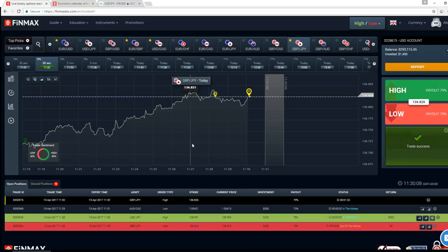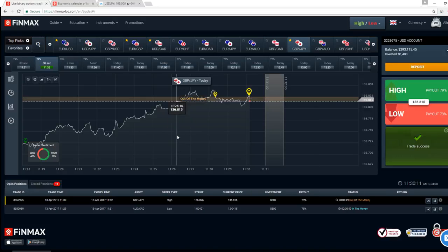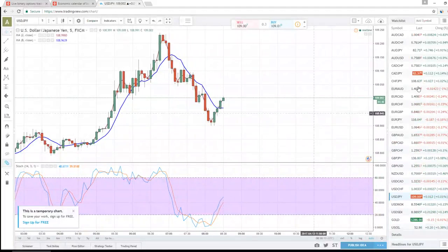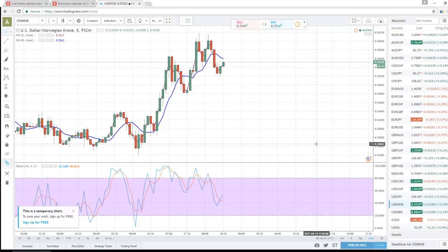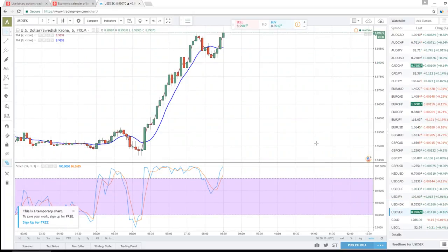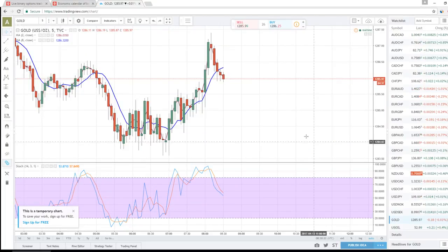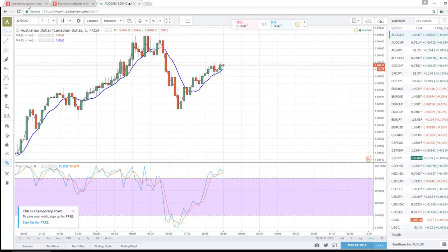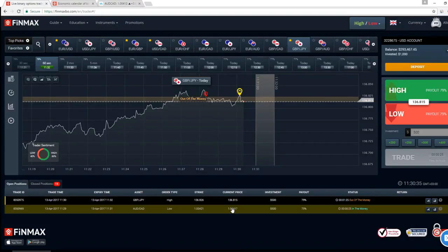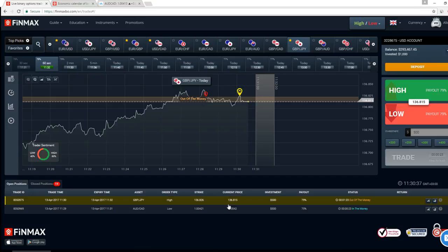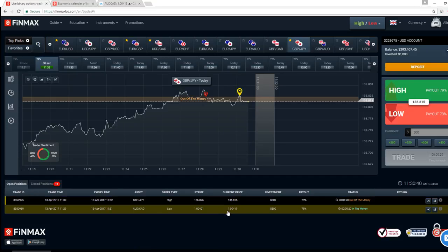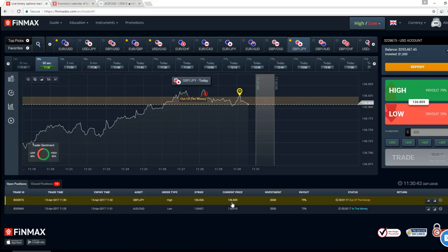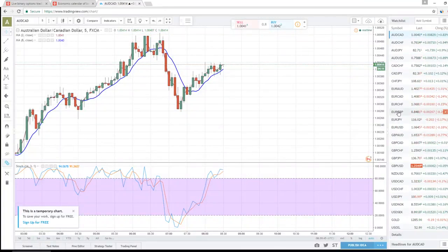Also enter for the next circle. Let's open the chart for British pound to Japanese yen.